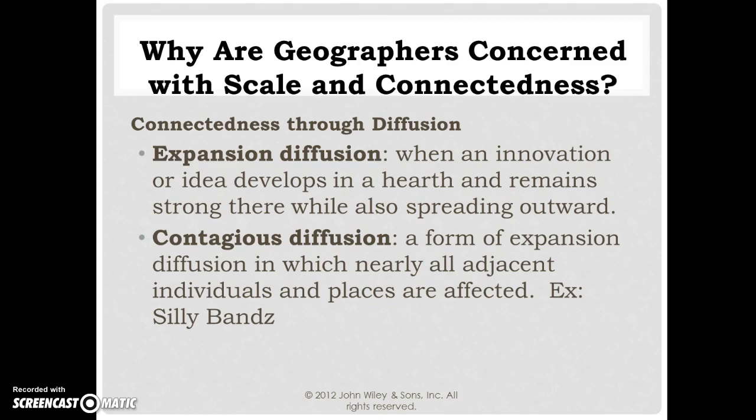Contagious diffusion, on the other hand, is a type of expansion diffusion in which nearly all of the adjacent individuals or places are affected. The example that the person who wrote this slide came up with is a phenomenon called silly bands. I don't know if you remember silly bands, but in essence they were bracelets that came in the shape of various animals or dinosaurs or things like that.